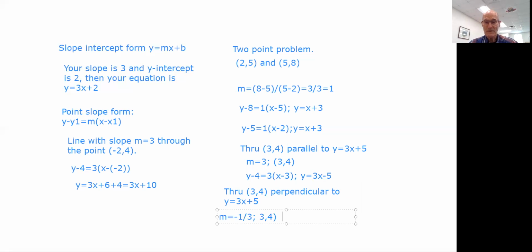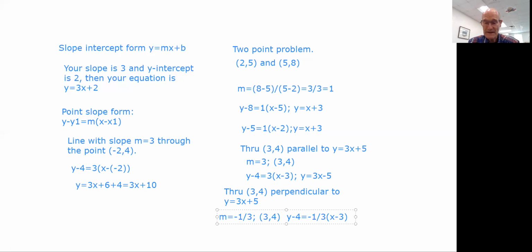So I can come over here and do my point slope. I say y minus y1, which is 4, equals my minus 1/3 times x minus 3.